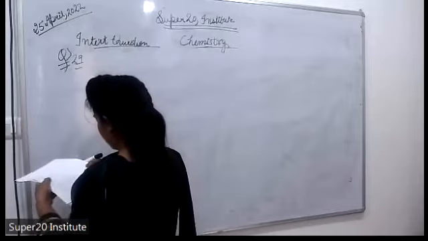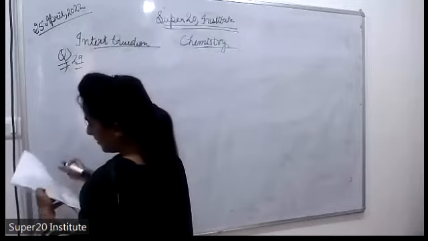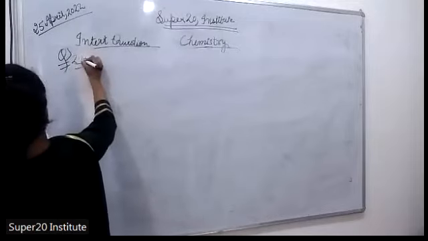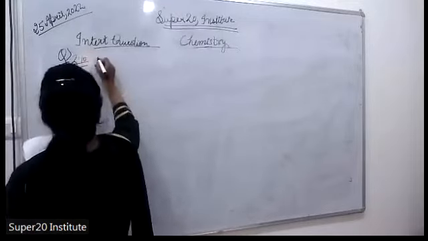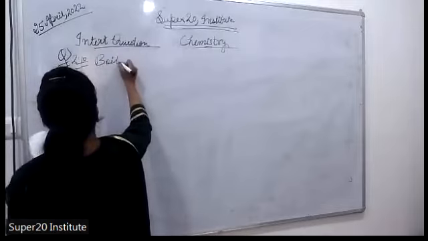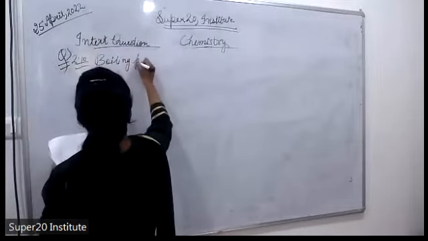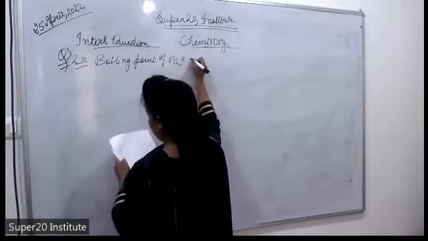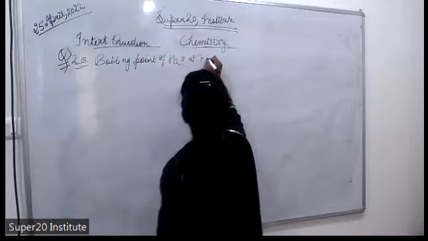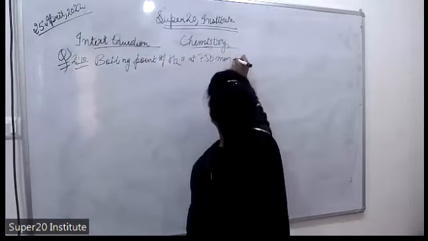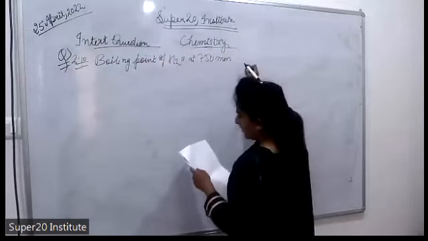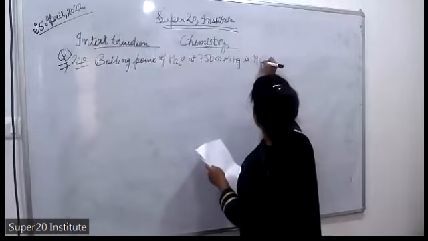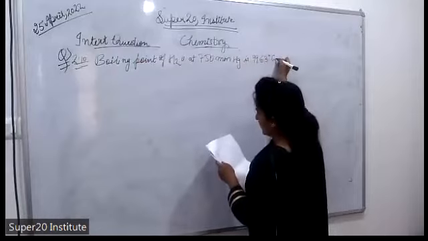The question is 2.10 in-text question. They are asking about boiling point of water at. The pressure given is 750 mercury column. The boiling point is given as 99.63 degrees Celsius.